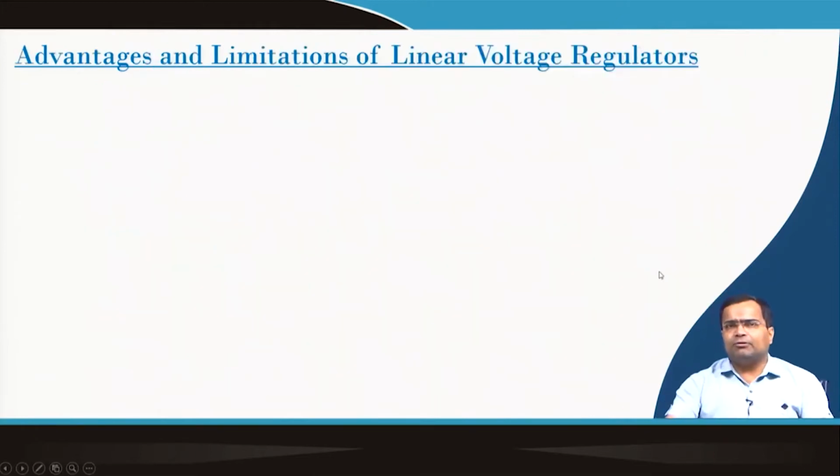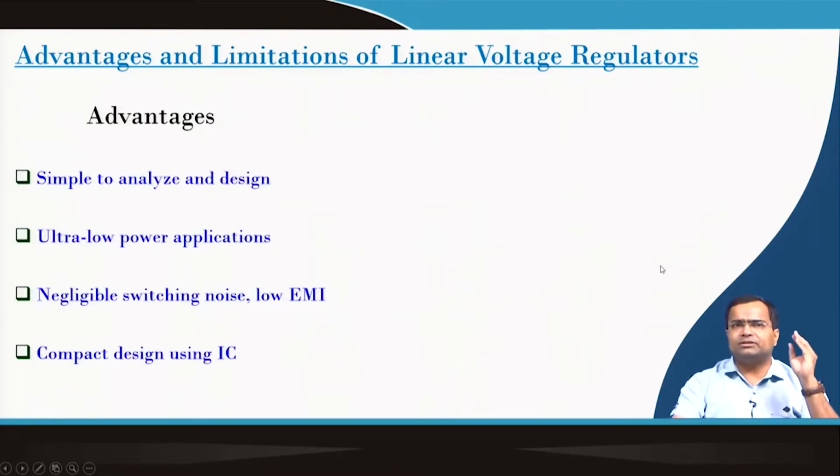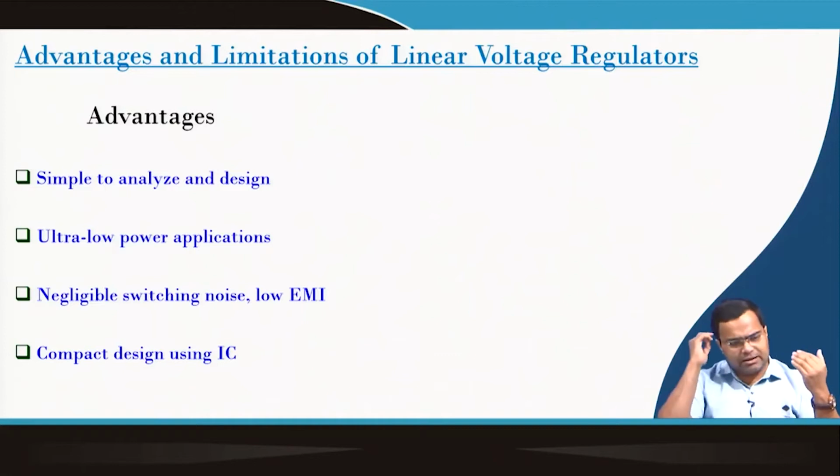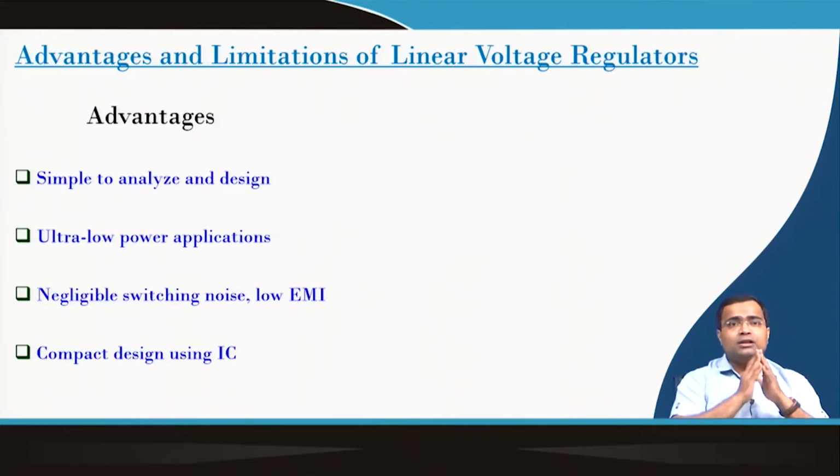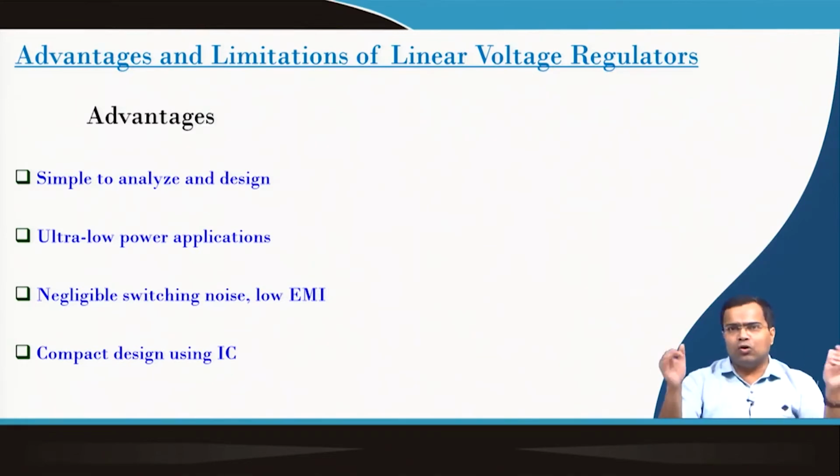So, what are the advantages of this linear voltage regulator? The advantage is that this is very simple, like a resistive divider, relatively simple to analyze and design. At transistor level it can be somewhat more challenging, but in general from a system level these are simple, and these are used for ultra low power applications in which the current requirement at the output is very low, such that the current going through the series resistance will also be low, so that the I square R loss will be low.